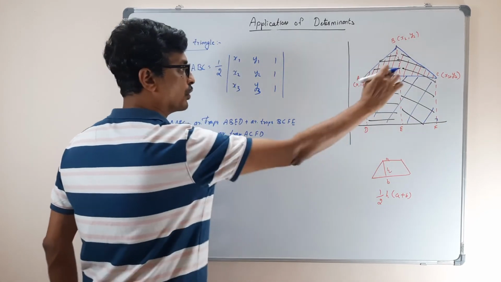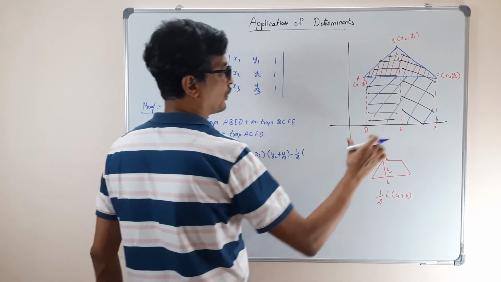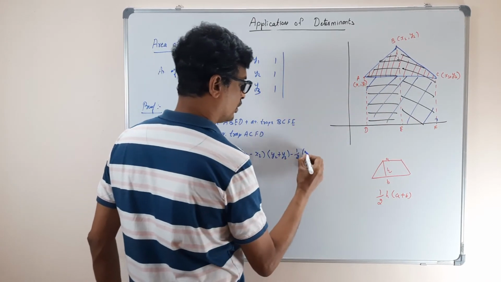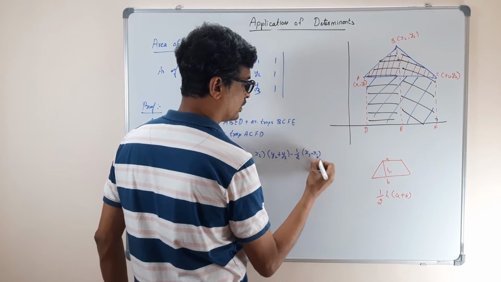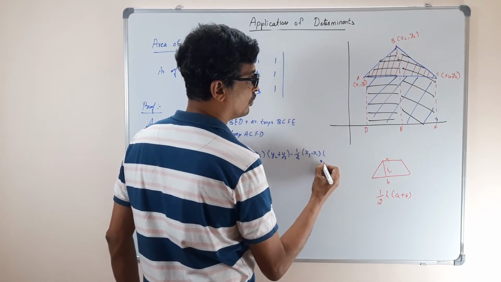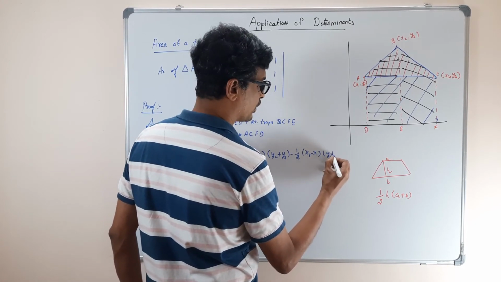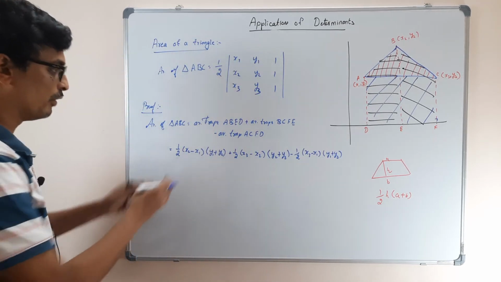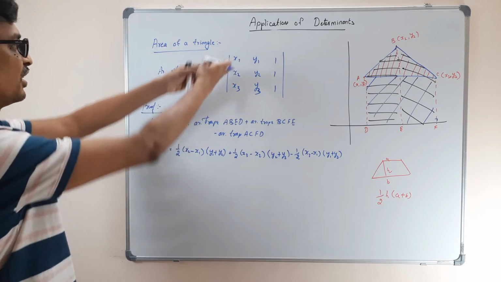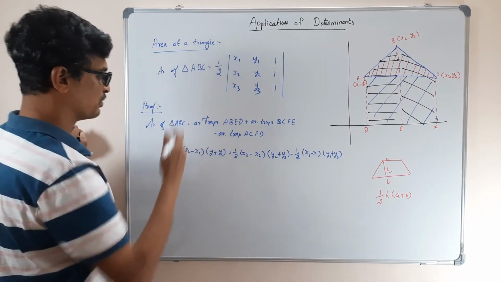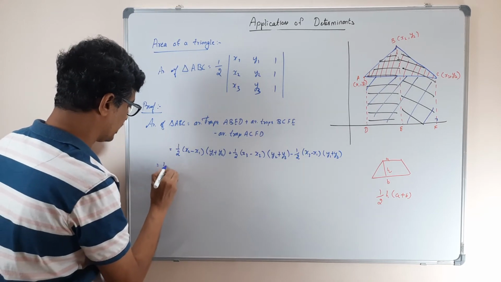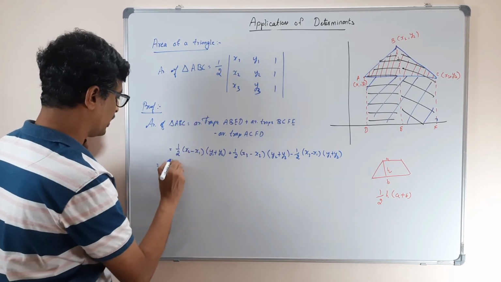What will this height be? x3 minus x1, into y1 plus y3. So this is the area of the trapezium. Now you do this, you will get it simply. I can take the half commonly outside.